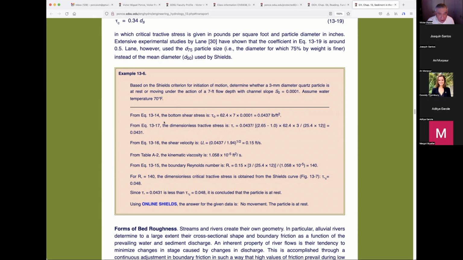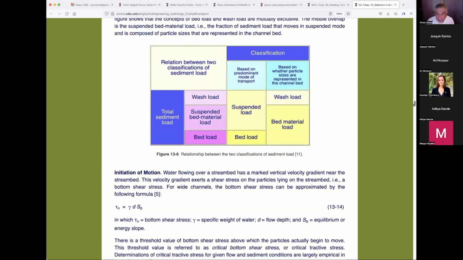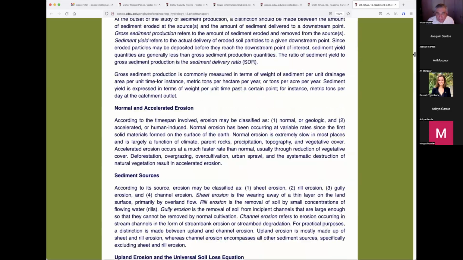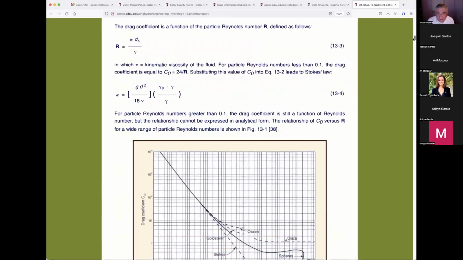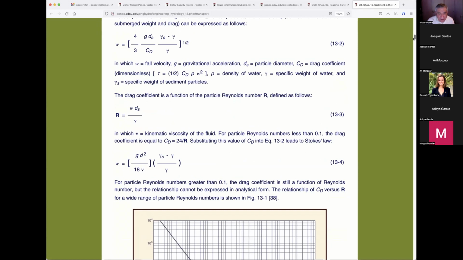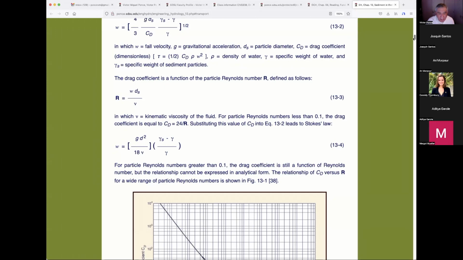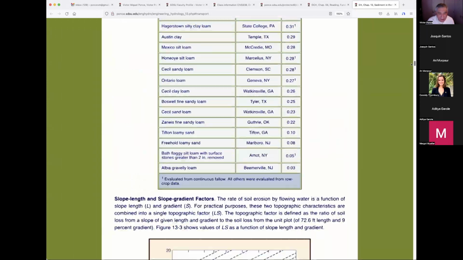From equation 13.4, the bottom shear stress is tau equal. So 13.4 is this one. Right, there it is. There's equation 13.4. We already covered this. As a matter of fact, I believe I asked you to calculate that equation in the homework.